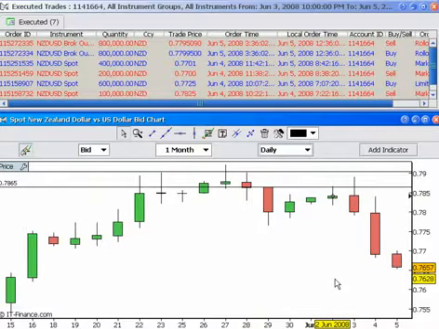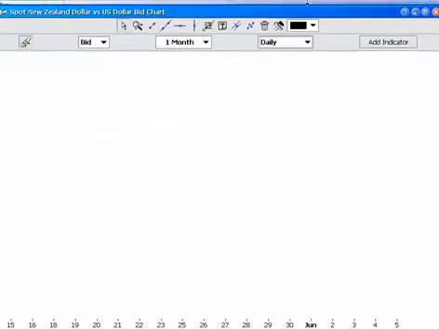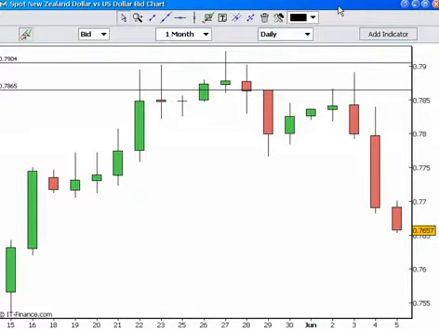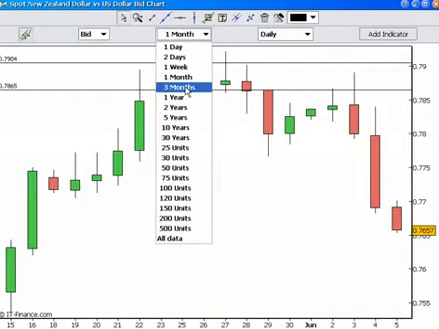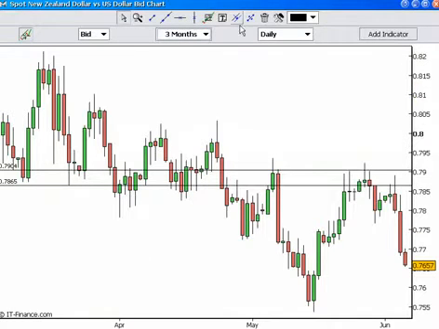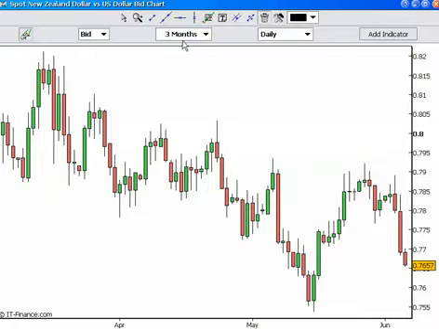I try to say in all my videos, keep it simple, look for similar setups, trend trade. Okay, and I'll just take this chart out and I'll show you what I mean by trend trading. If you're in the market, you only want to be playing in high probability setups.